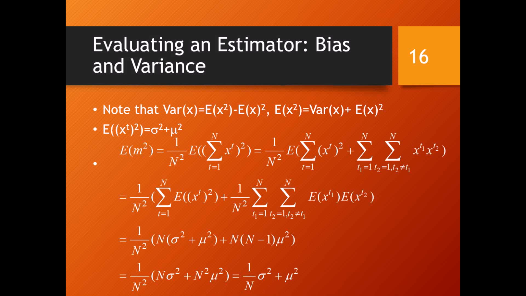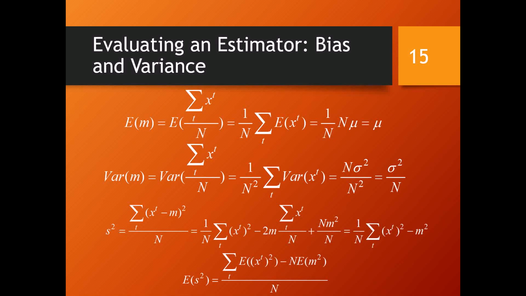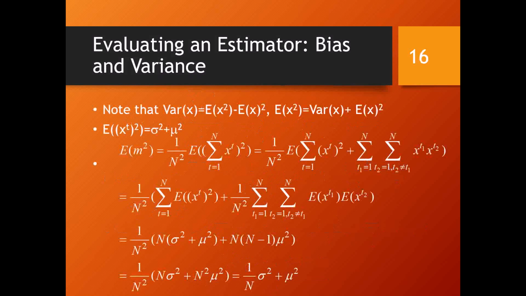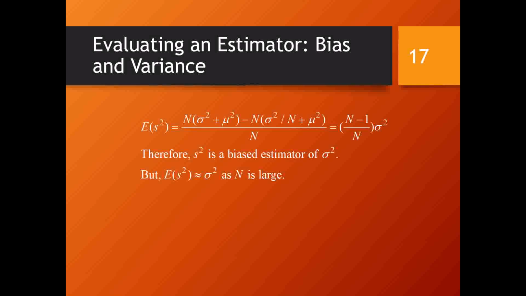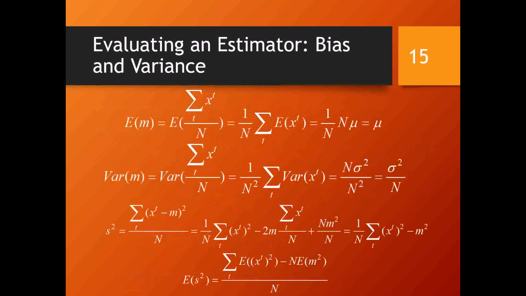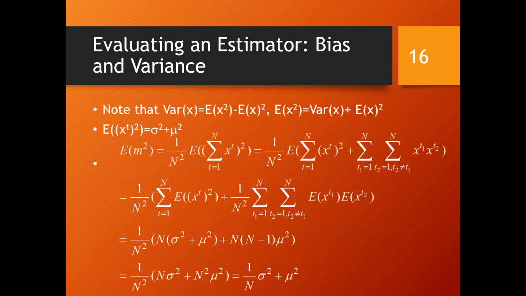Why do we want to calculate m squared? Because we want to calculate this term. And then for the expectation of s squared, we go back to this term here. This is sigma squared plus mu squared, right?